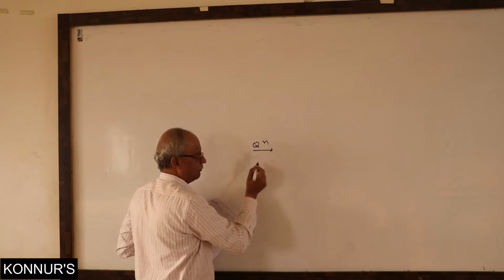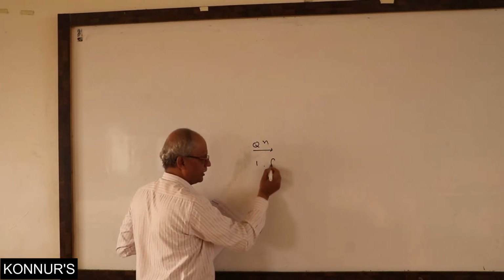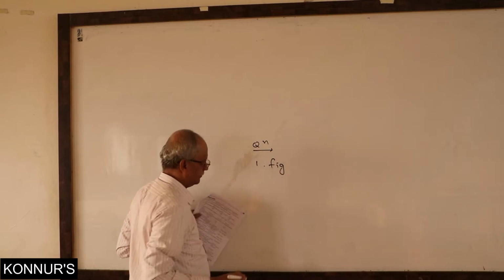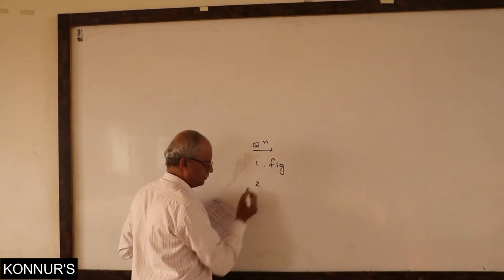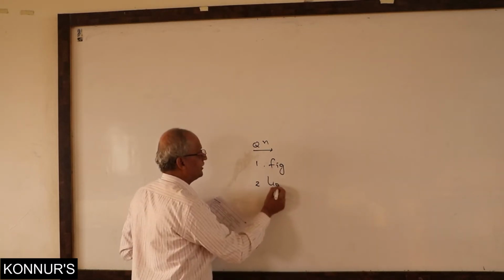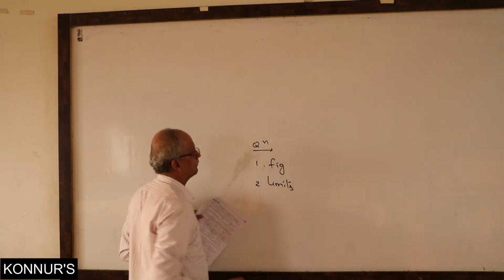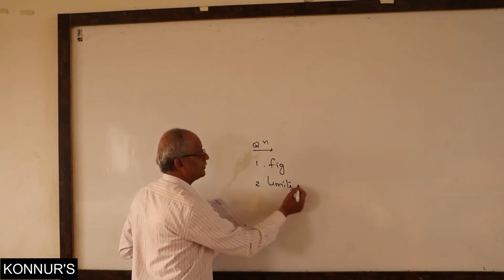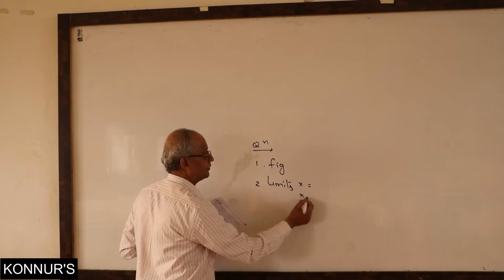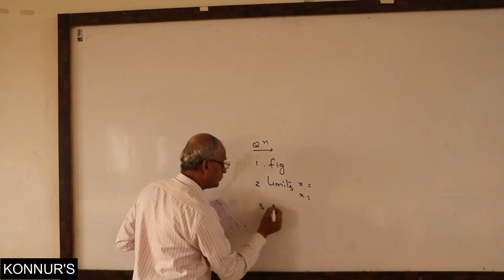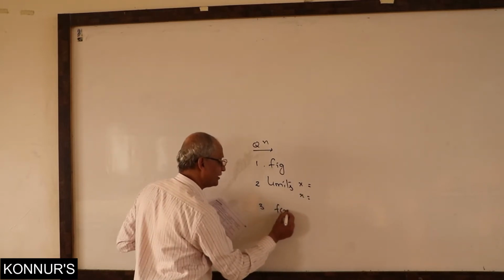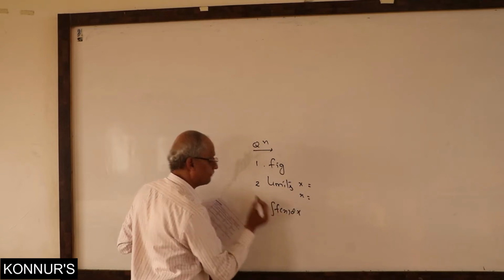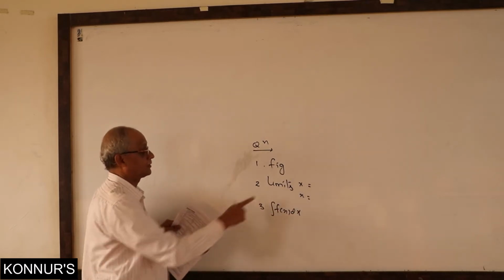once you read, the first step is to try for a figure. Second step, limits of integration. If they give x limits, you have to do the integration of a function of x. That is the first observation.